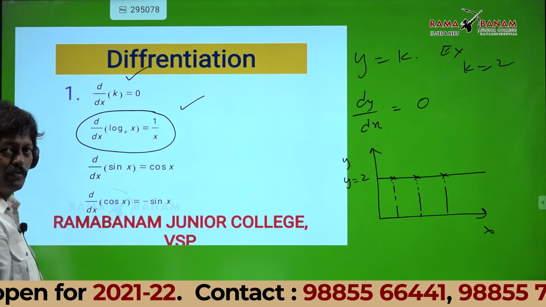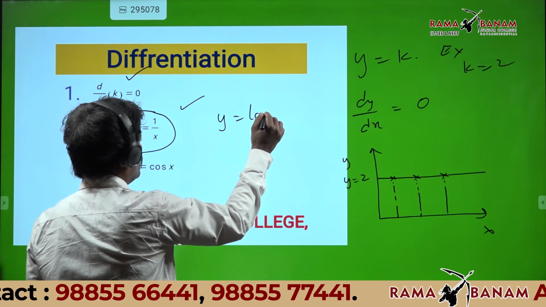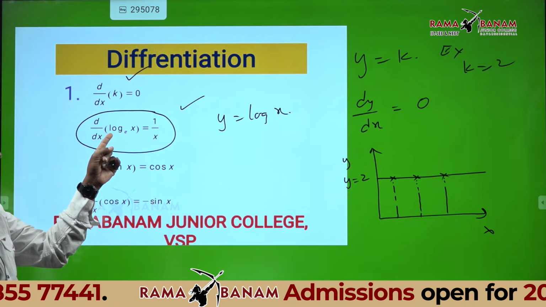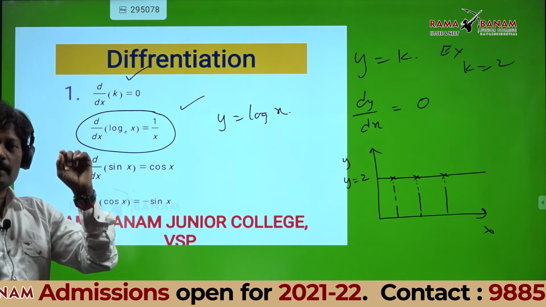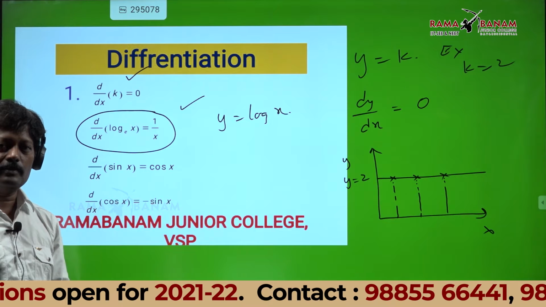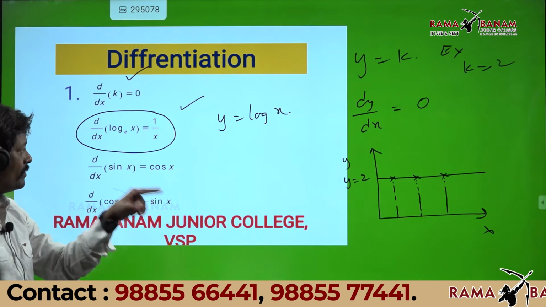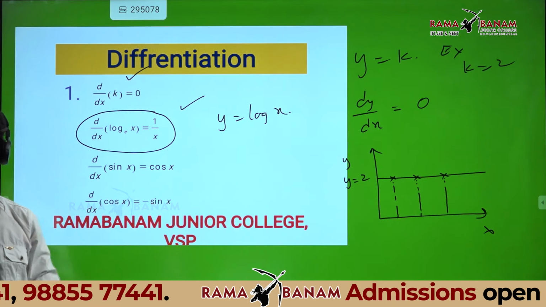Log x. Y value is log x. That means on the function log x, take a point on the curve and draw the tangent. Slope of the tangent is 1 by x. 1 by x, very important.